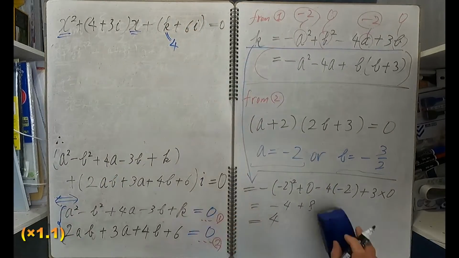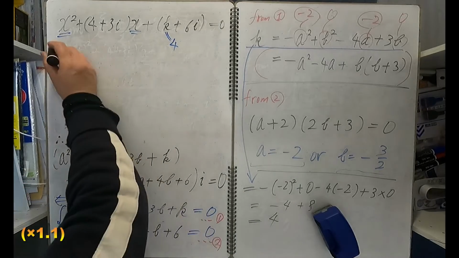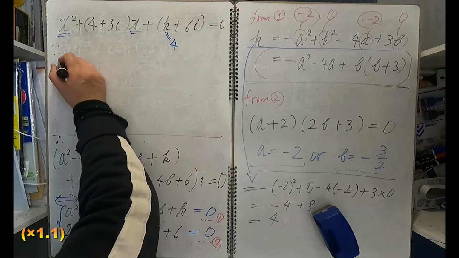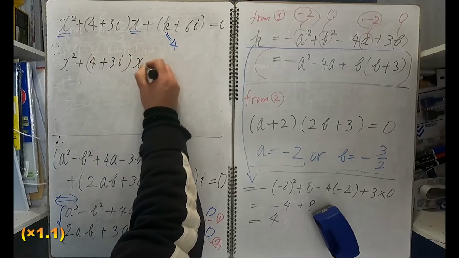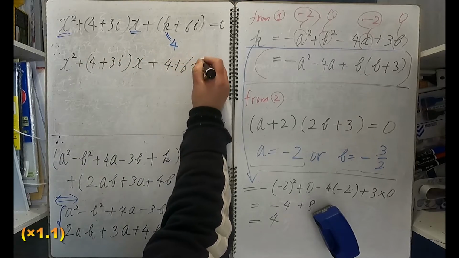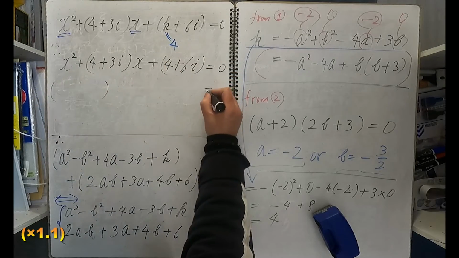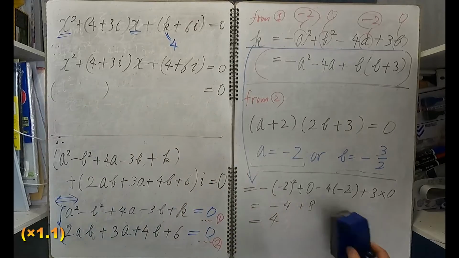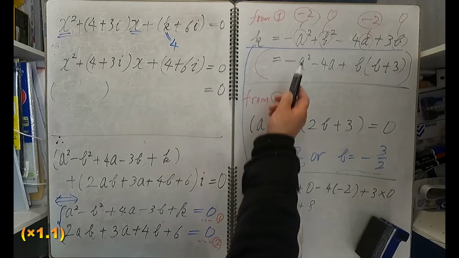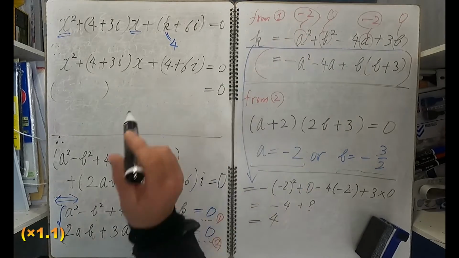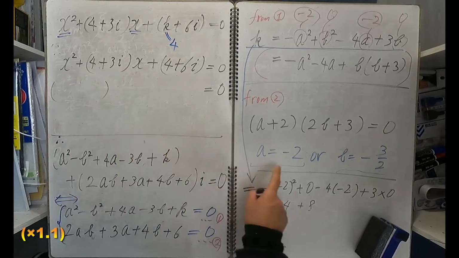We got k equals 4. By the way, if k equals 4 and a equals minus 2, that means one of the solutions of x is minus 2.